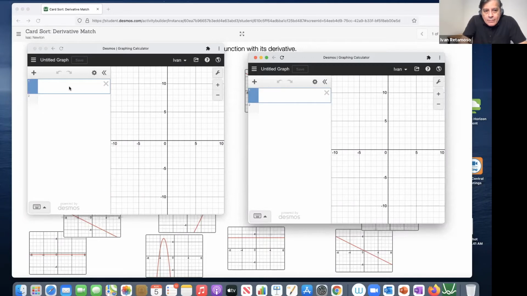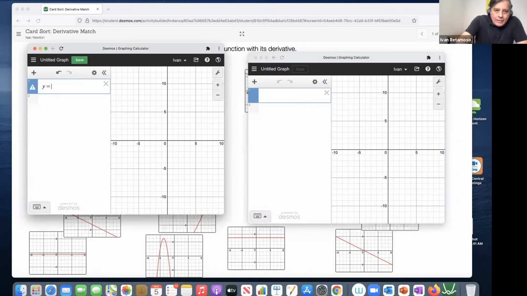For example, if you start here with this square function in its basic form, we all know that when graphed it shows this U-shaped curve called a parabola.